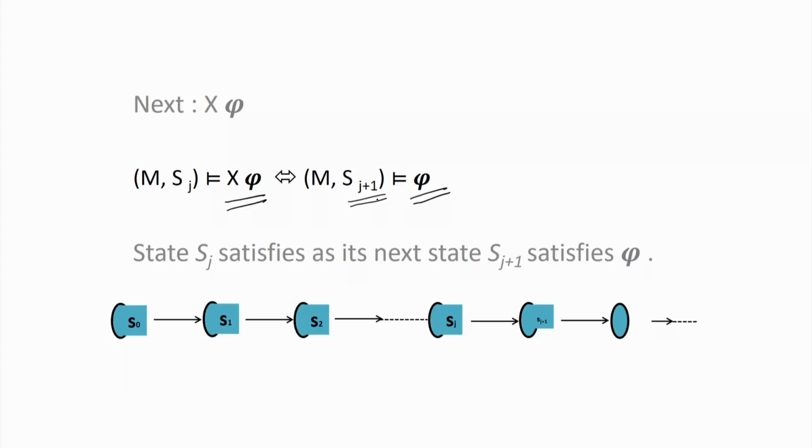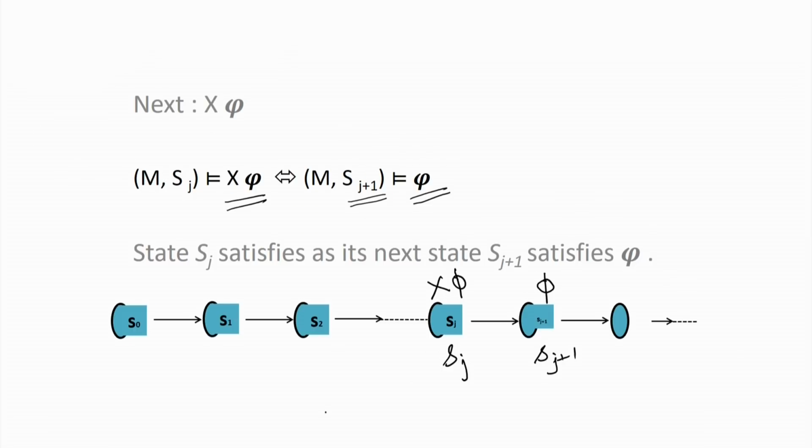In this particular case, this is my state S j, and this is the state S j plus 1. If phi holds in this particular state S j plus 1, then according to this definition of the next operator, we can say that X phi holds in the state S j.